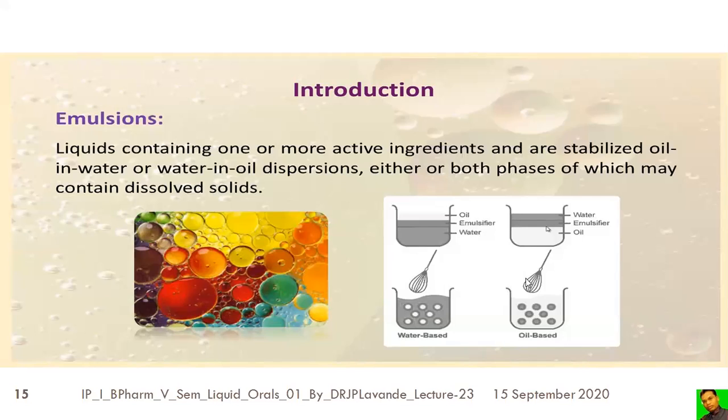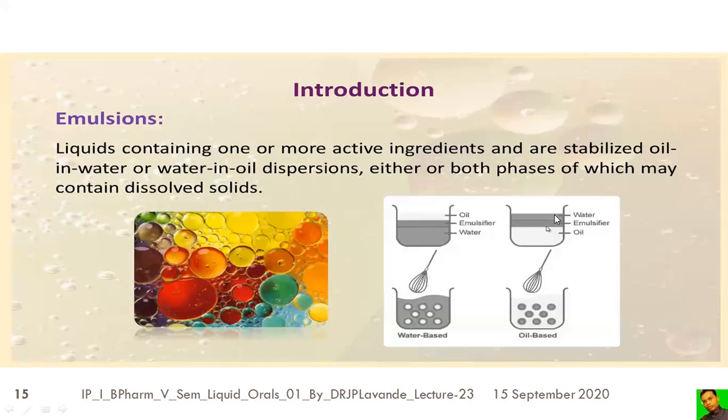You can see here a clear demarcation line indicating an oil phase and a water phase. These two phases are held together with the help of a third substance, an emulsifying agent. It is also called an emulsifier, isn't it? It makes the emulsion stable.